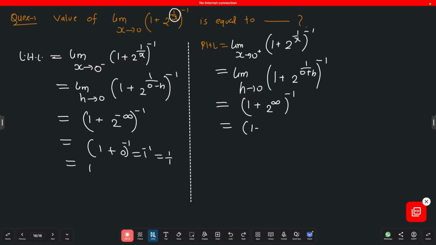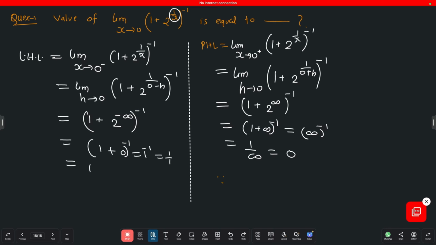It is (1 plus infinity) whole power minus 1, so infinity whole power minus 1 is 1 upon infinity, and 1 upon infinity is 0. L.H.L is 1, R.H.L is 0, both are unequal, it means the limit is not defined.